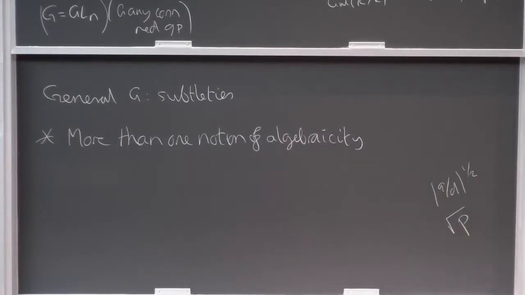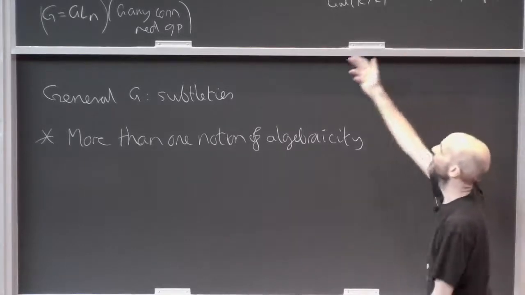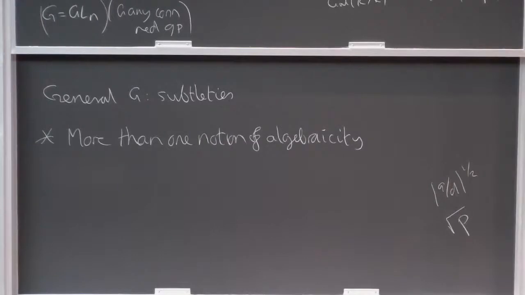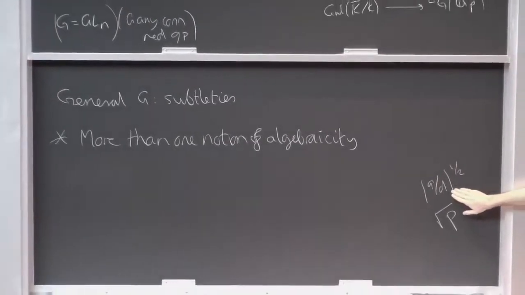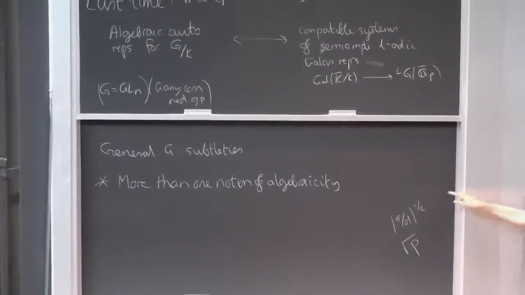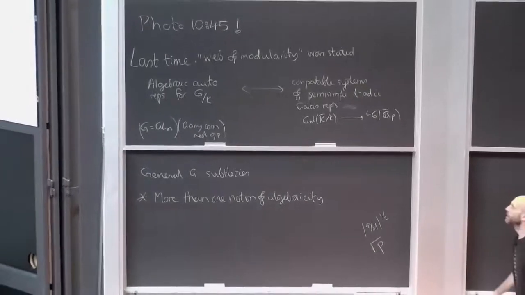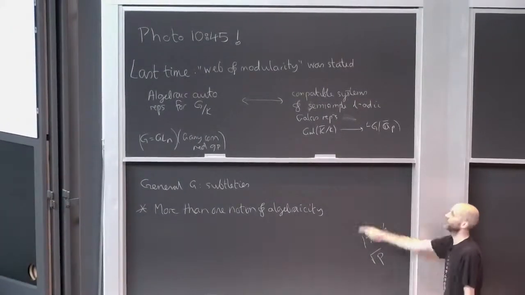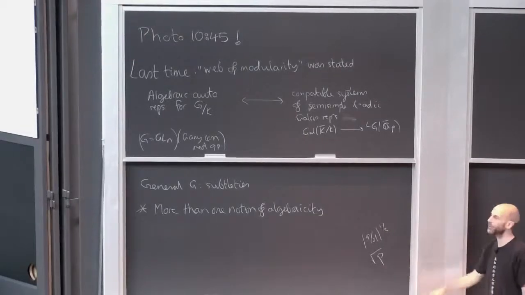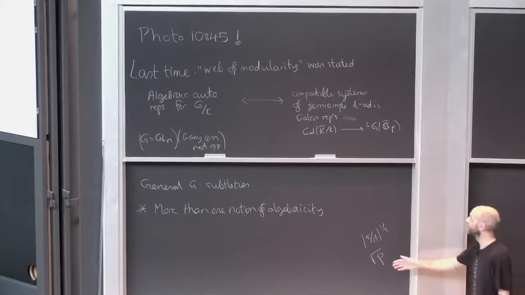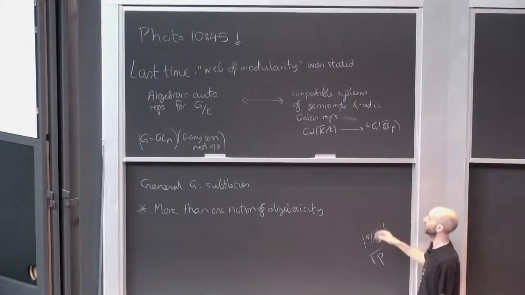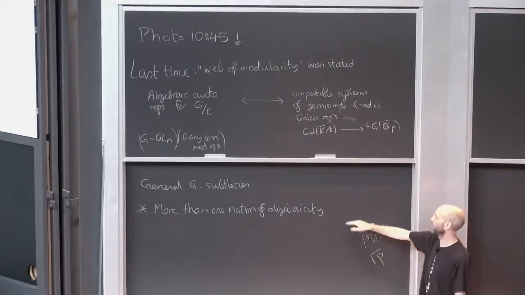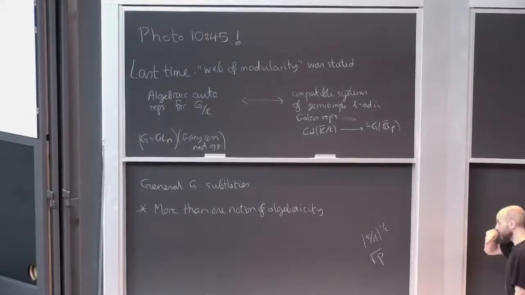If you're not careful, you take something which is supposed to be algebraic, and then you try and figure out what E0 is, and you leave these normalizing factors somewhere where you shouldn't, or you don't put them somewhere where you should, and all of a sudden you discover that your coefficient field, which is supposed to be a number field, E0, contains the square root of infinitely many prime numbers. And that's not good. And the reason that's happened is not because the conjectures are all broken, it's because you haven't quite got algebraicity right.